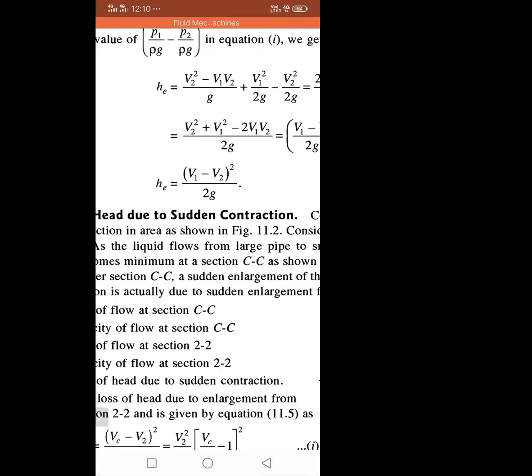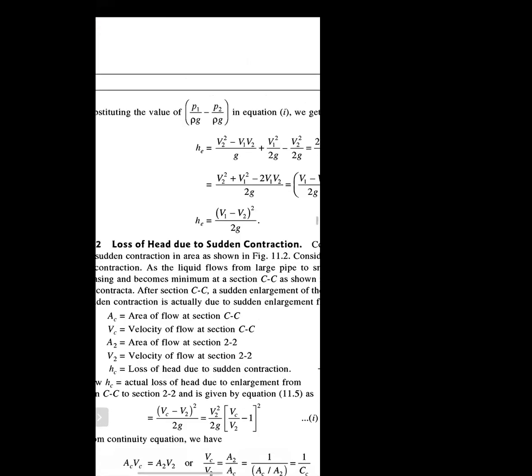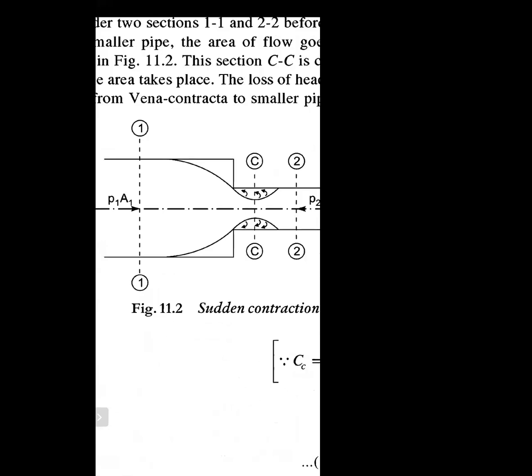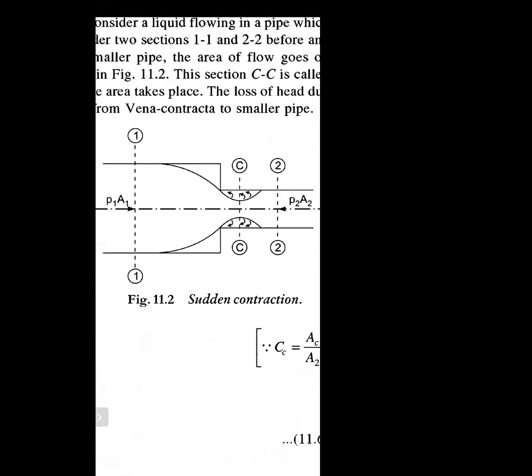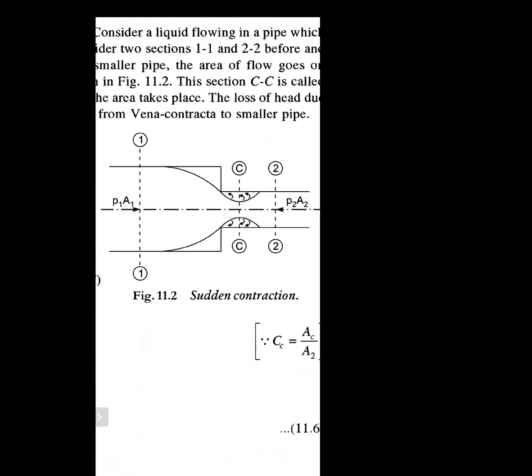Then second minor loss is loss of head due to sudden contraction. This is the diagram of sudden contraction of pipe, when the diameter of pipe from section 1 to section 2 is suddenly contracted. Then that loss is taken into account as a loss due to sudden contraction.